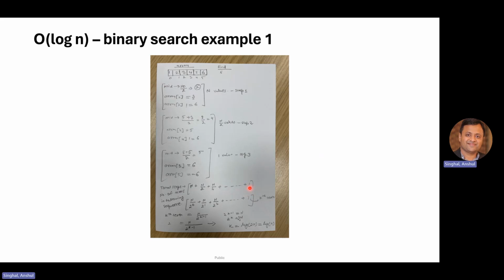So 1 is going to be my kth term. I am saying my kth term is n by 2 raised to the power k minus 1.